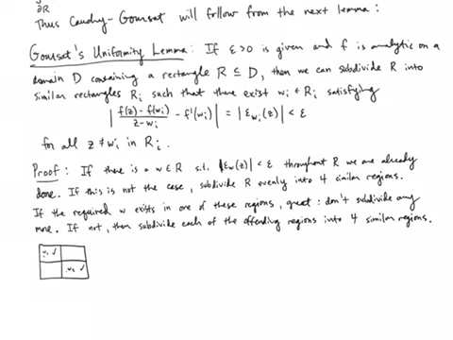Maybe not in the other ones, so we continue and subdivide those and look for the required w's in each of these smaller regions. Then maybe we find them in some of them, but this other one we'd have to continue to subdivide, and continue in this manner.